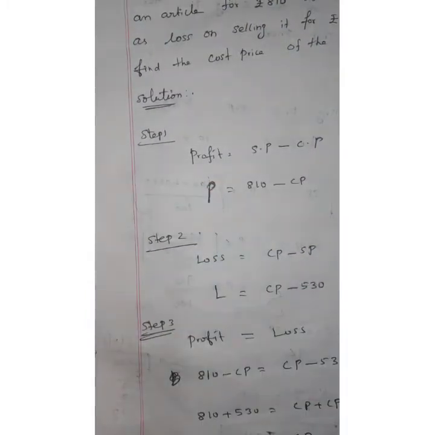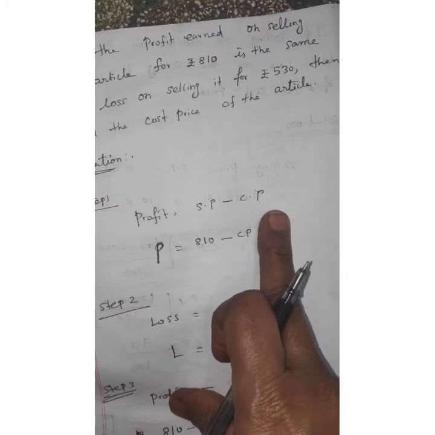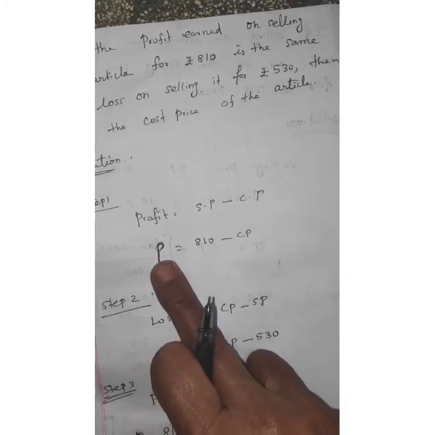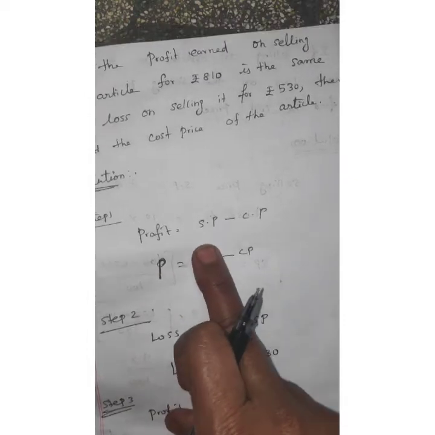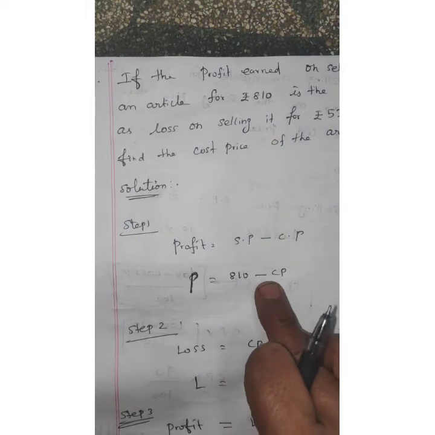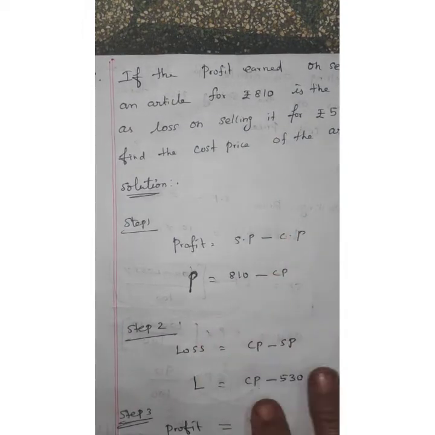The profit formula is SP minus CP. Profit is P, equal to SP, the selling price of the article, 810, minus CP. This is the first step.